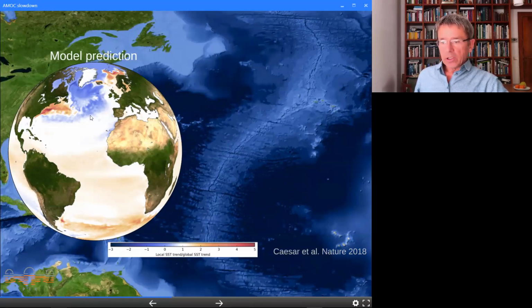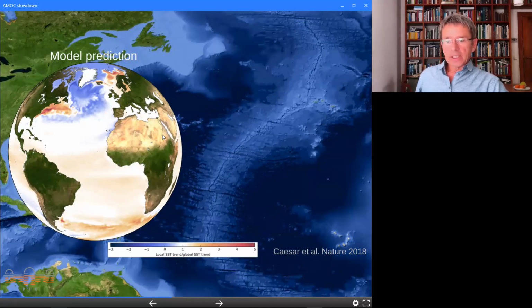And in the model, these two things are actually connected because this warming also arises when you slow down the Atlantic overturning circulation. It has to do with the vorticity dynamics on a rotating sphere, that in that case, the Gulf Stream moves closer inshore. And you can see that very clearly in that model simulation. Here we have blue on the southern flank and red on the northern flank of the Gulf Stream. So it has simply shifted closer inshore.